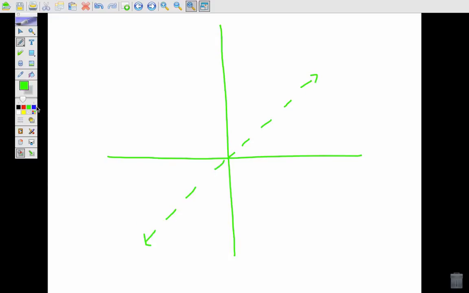All right, here's what our graphs look like. The first one that we've got looks like this. Comes in, intersects at negative 1 and positive 1 here and back up.